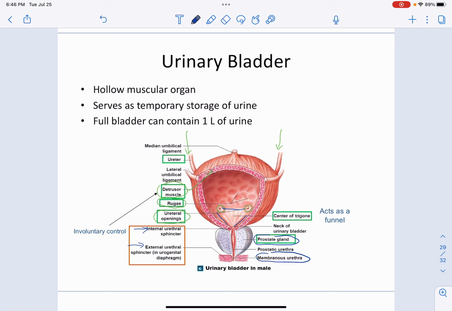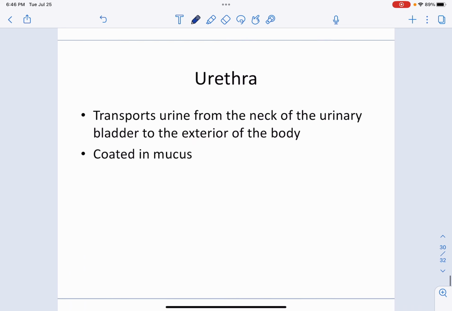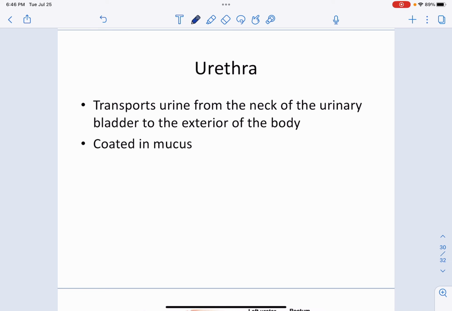In the males, and I'm going to go over this in the next slide, the urethra is surrounded by the prostate gland, and then there's what's called a membranous urethra. I'm going to break this down in the next slide. All right, so the urethra. This is what is going to transport urine from the neck of the urinary bladder to the exterior of the body.